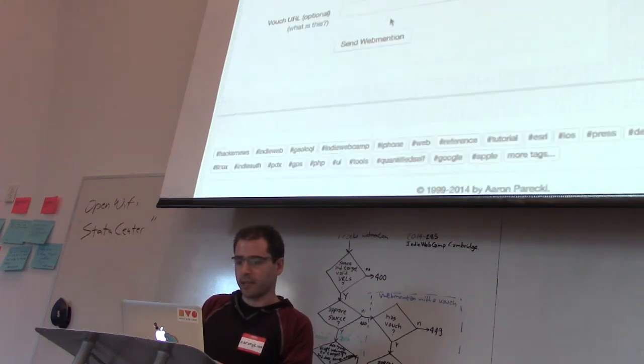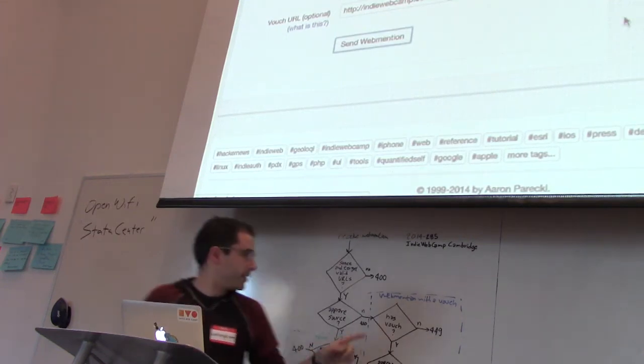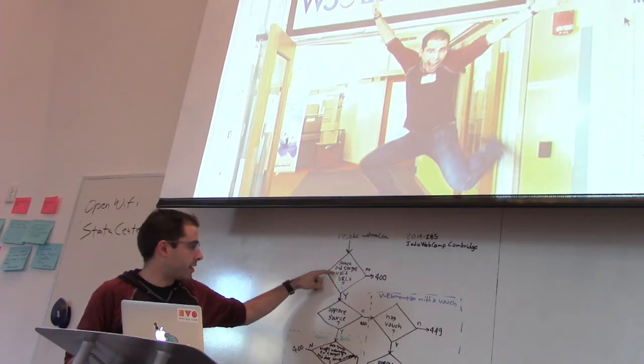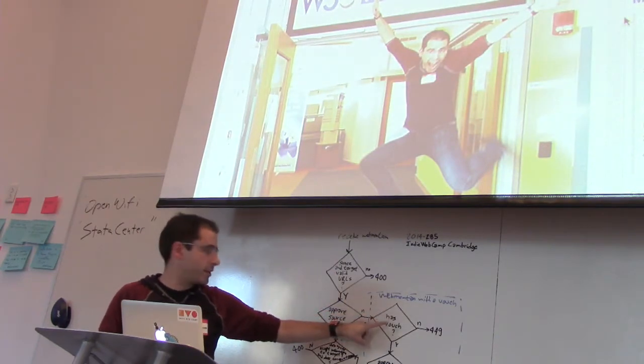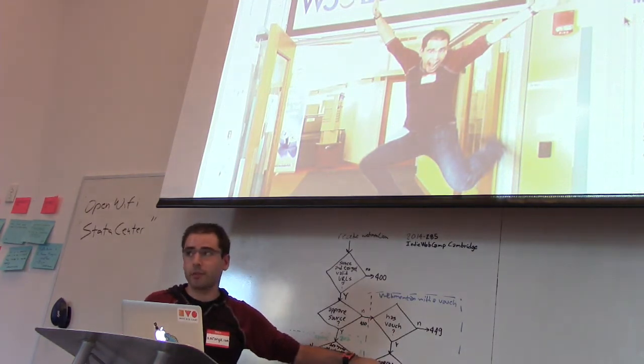So if I then say, here's a vouch URL, and retry the web mention with that vouch URL, then it's going to say, this is valid, source is not approved, there is a vouch, and I approved the vouch because I have linked to the wiki, so I did that check.